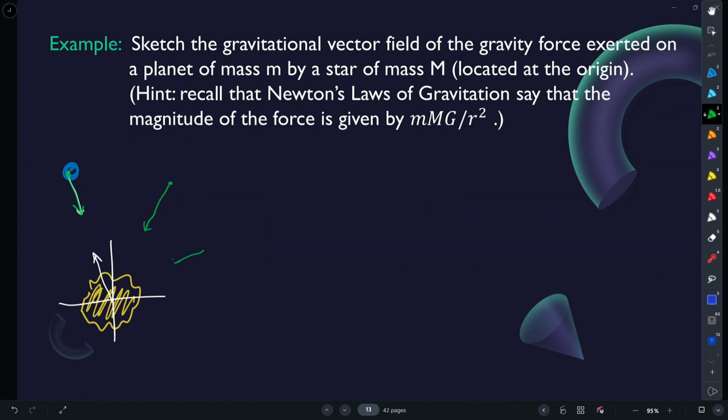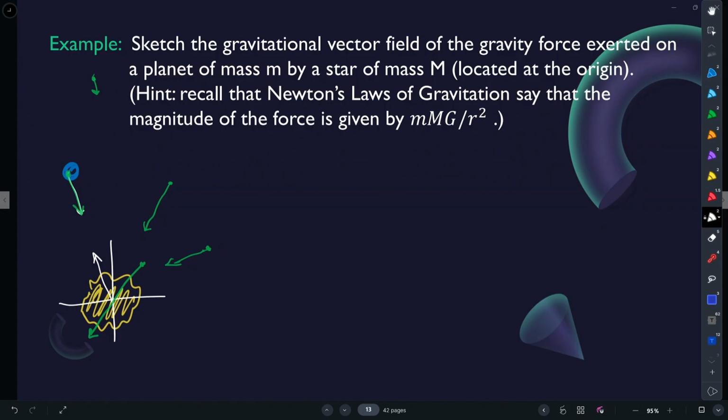So it's all going to look like this, except that the r squared tells me that the closer you are, the bigger the magnitude you have. Okay? But if you're really far, it's going to be a tiny magnitude, and it's not going to have a big effect. If you're really close, it's pulling you very fast with a lot of force.